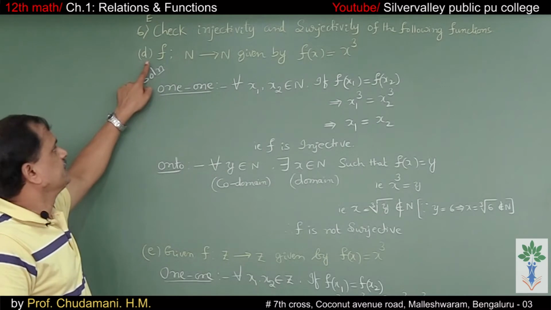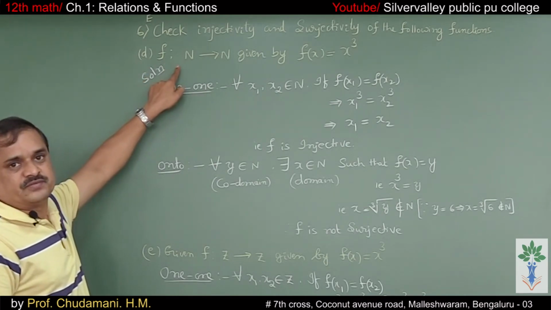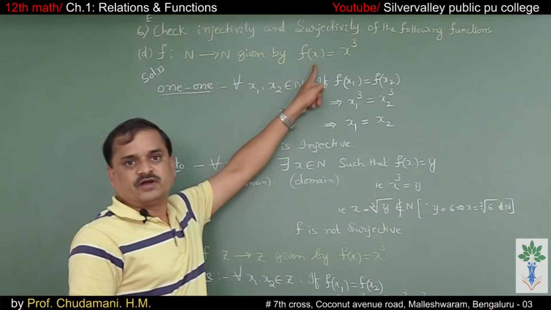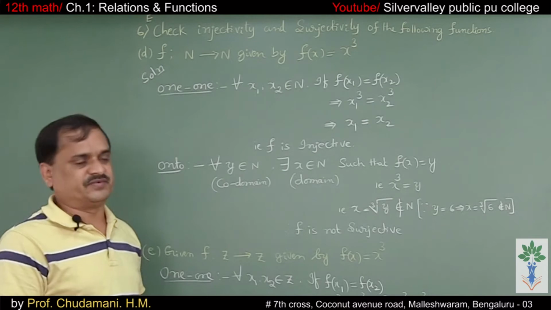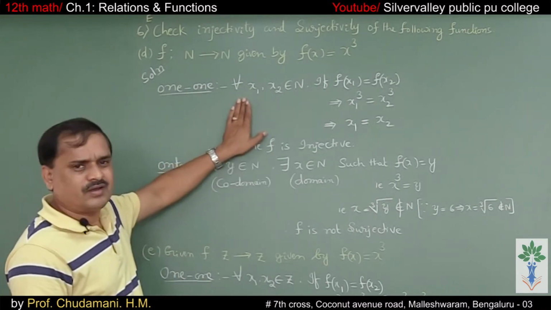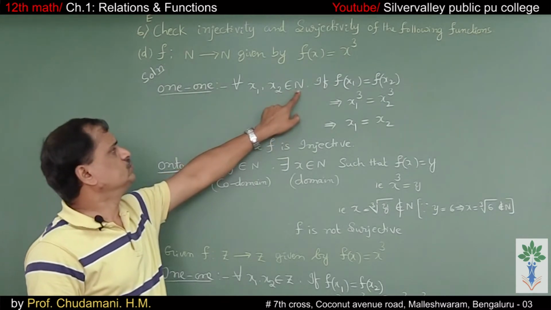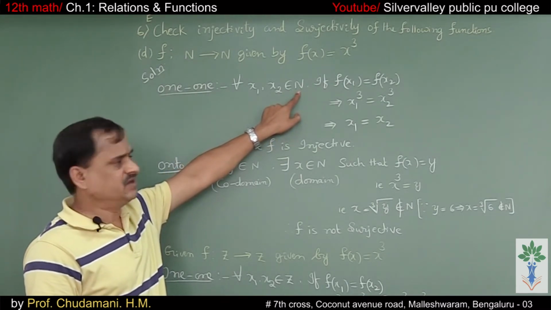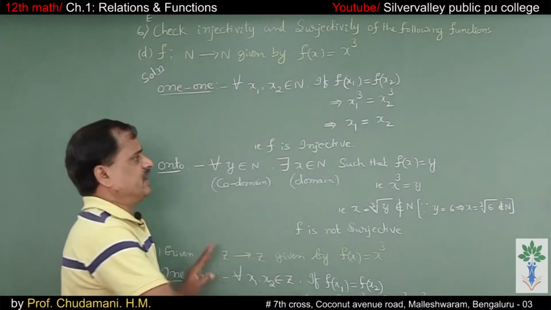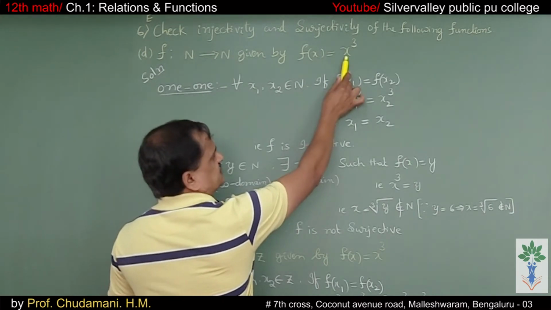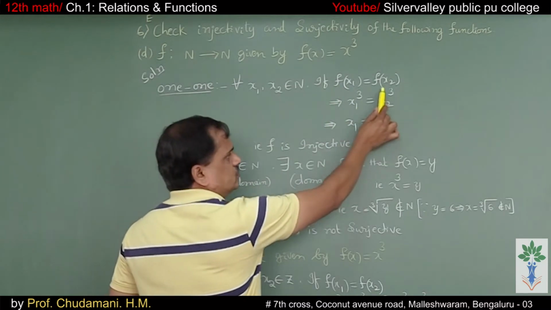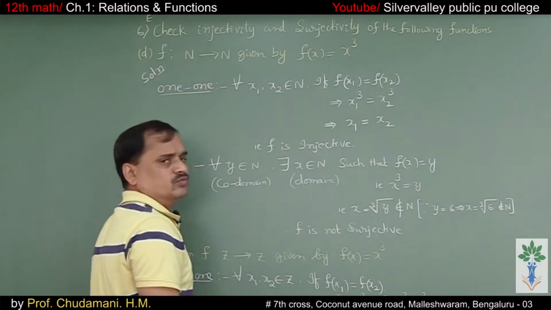Under that, D. The given function f from natural numbers to natural numbers is given by f of x is equal to x cube. Let us verify one-one. For all x1 and x2 belonging to the set of natural numbers, the domain, if f of x1 equals f of x2, implies x1 cube is equal to x2 cube.